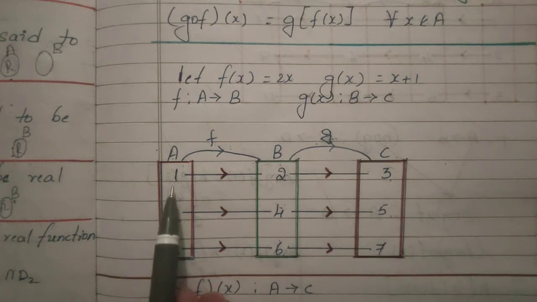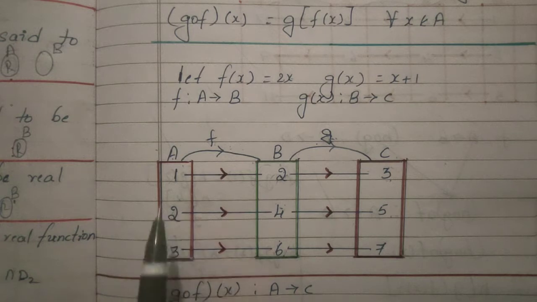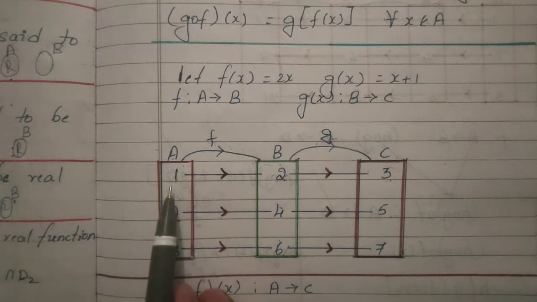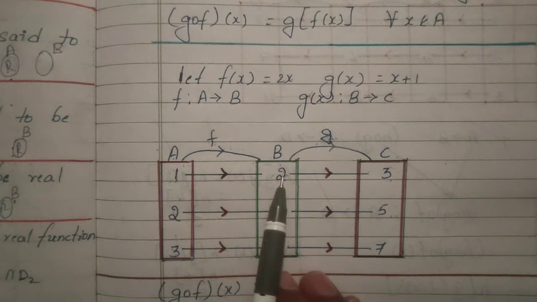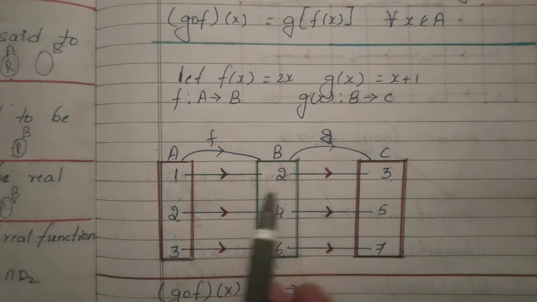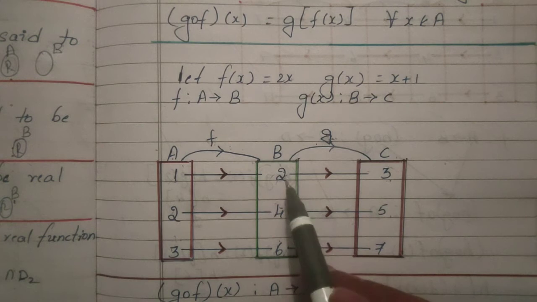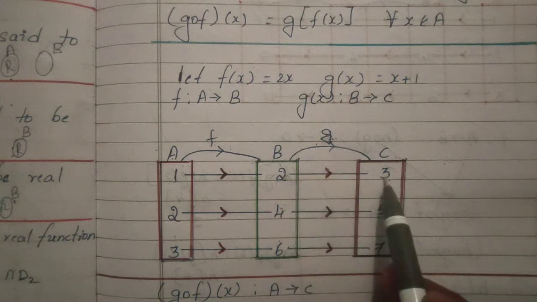When two machines are there, first my input is 1, that machine's output is 2, this output goes to another machine as input, and that machine produces 3.